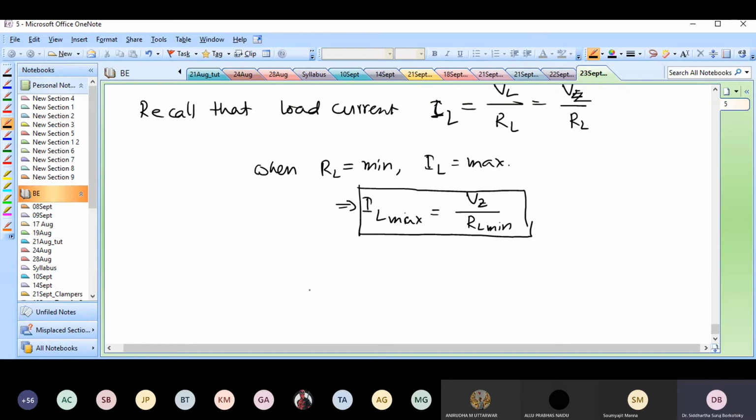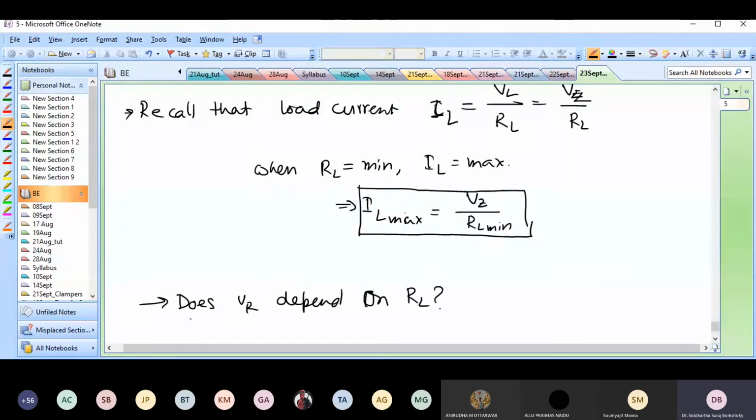What is the voltage across R? Does the voltage across R depend on what resistance we use? The question is, does VR depend on RL?